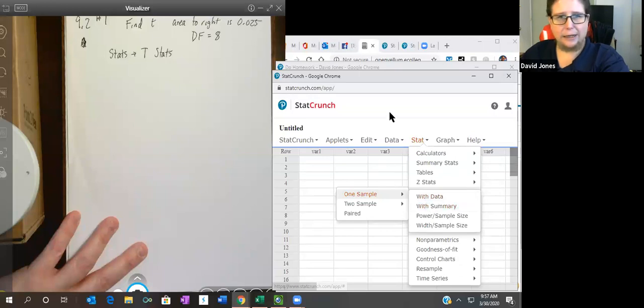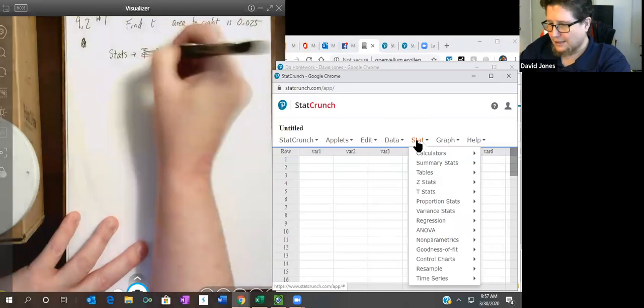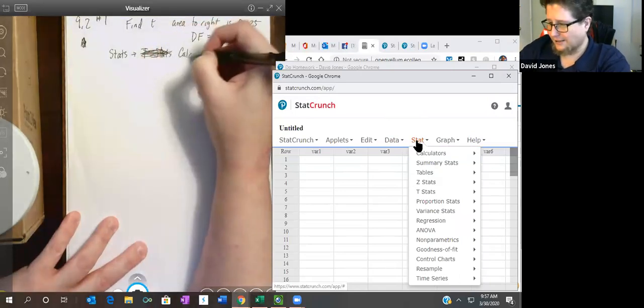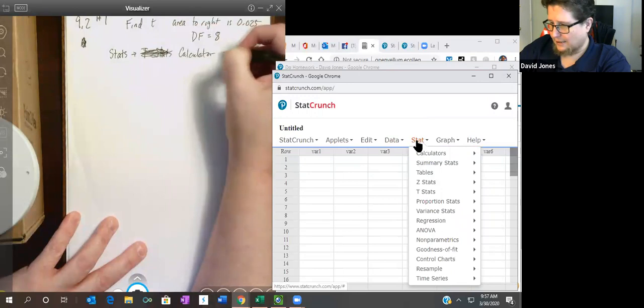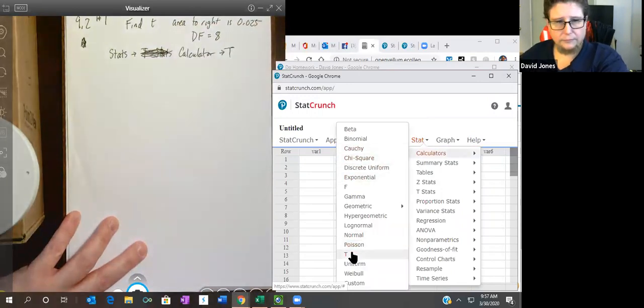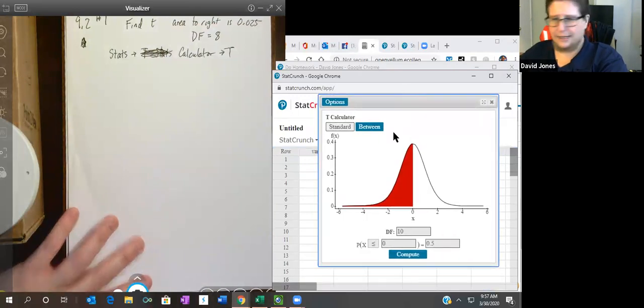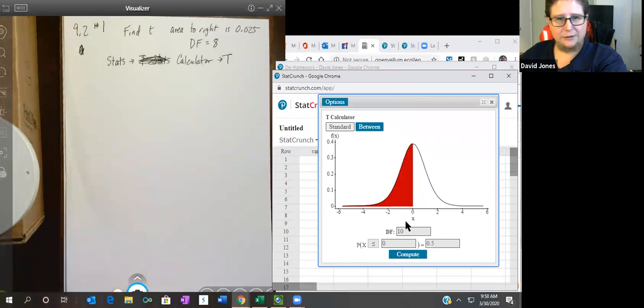Oh, wait. We're calculating t. My bad. This is stats calculator t. Stats calculator t, they give me my degrees of freedom are 8.